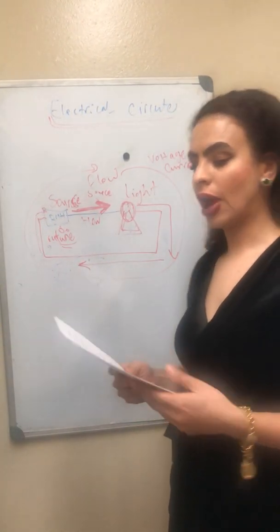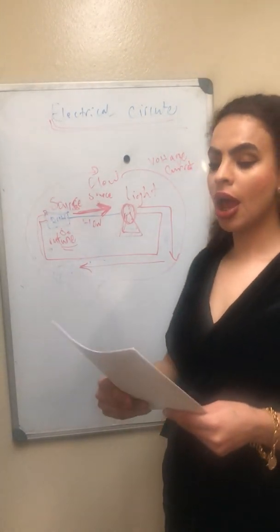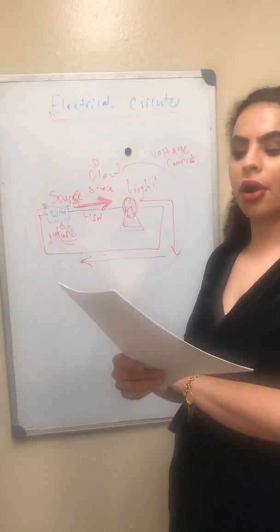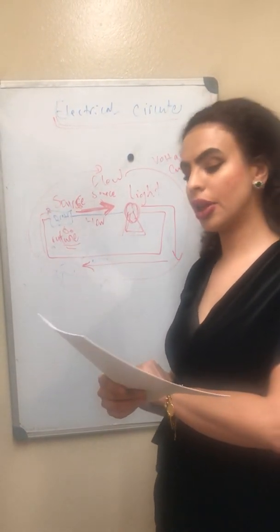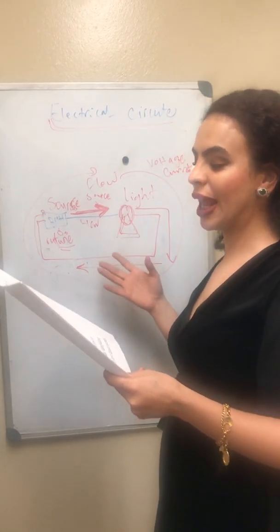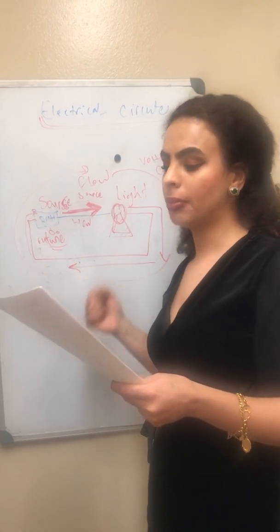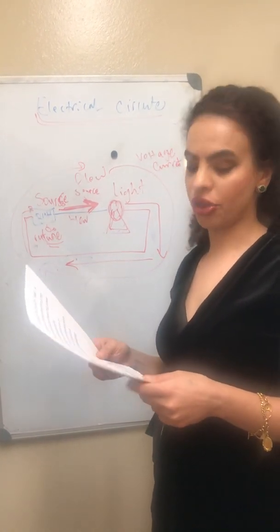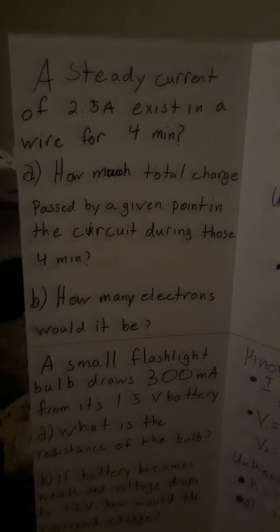A load of an electrical circuit may be as simple as a home appliance like a lamp, television, or something else, or as complicated as a hydroelectric power generating station. We're going to be solving some very simple equations for current.